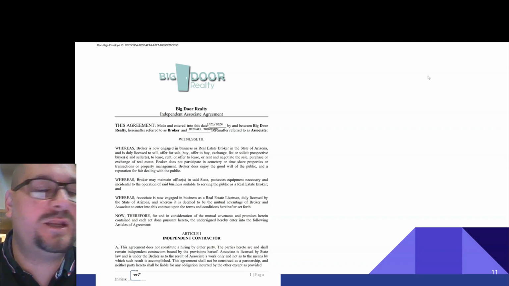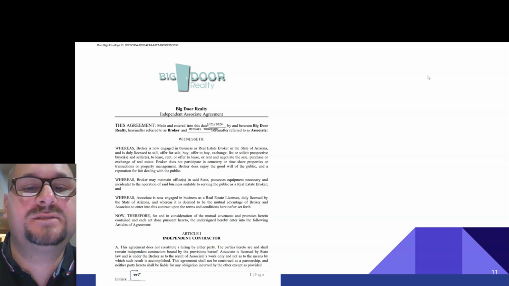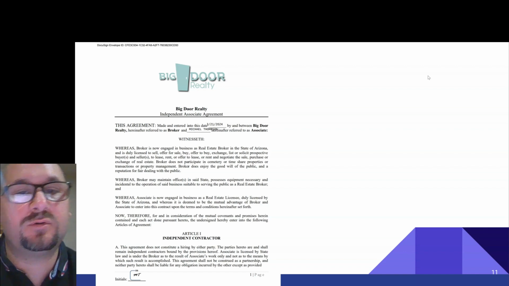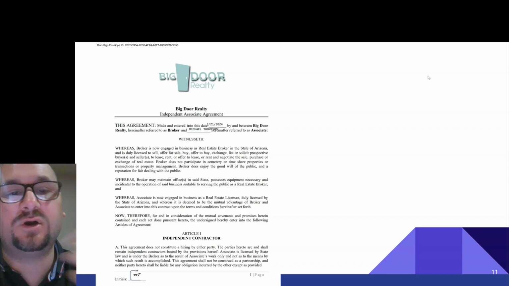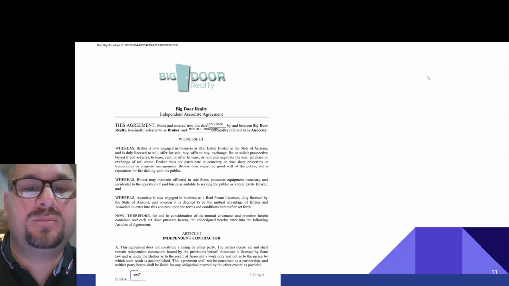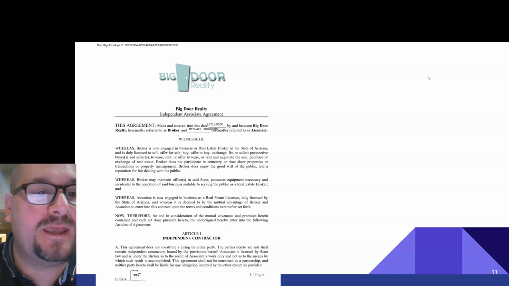So right here in the first page, it outlines that the broker doesn't do cemetery or property management or timeshare. So can the salesperson do it? No. A broker does enjoy the goodwill of the public and a reputation for fair dealing with the public.